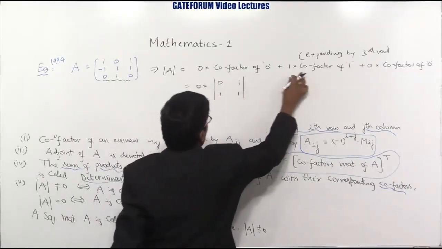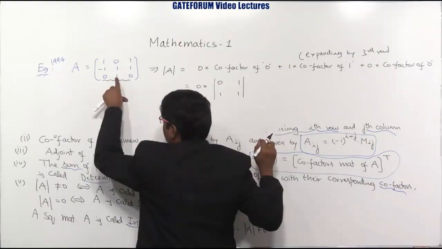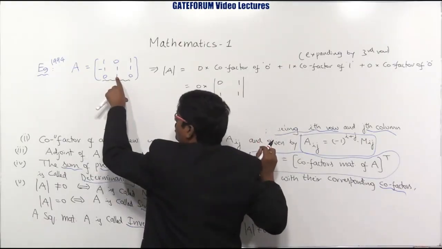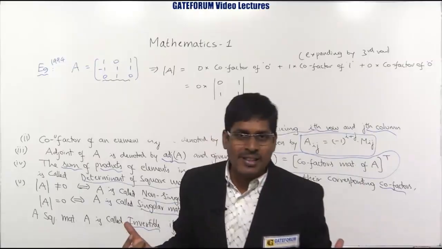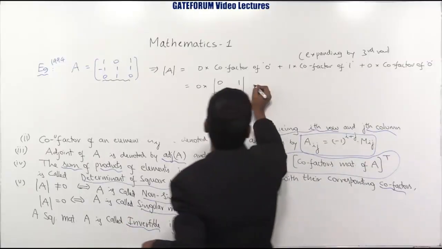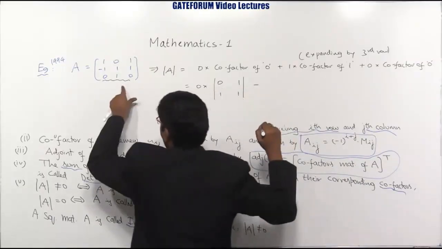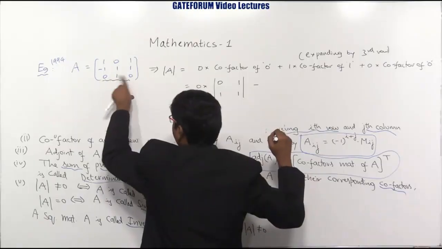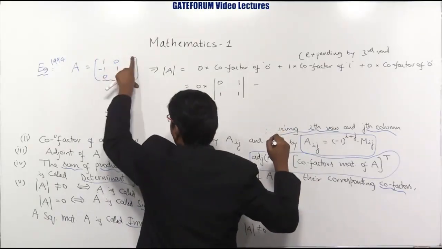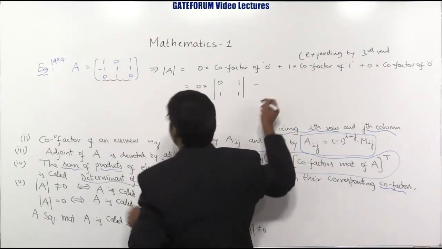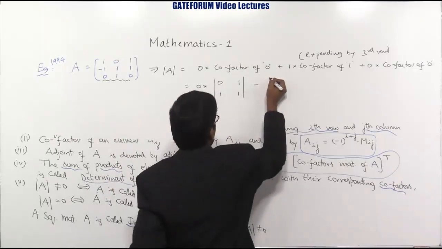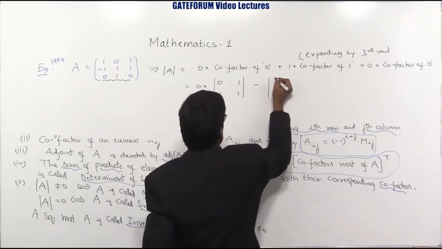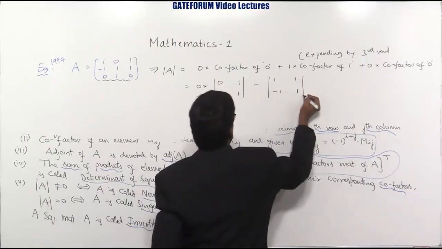Next, cofactor of this element 1. This element's position is A32, I value 3, J value 2. So minus 1 whole power 3 plus 2 is minus. So minus into the minor of this element, delete third row, second column: 1, 1, minus 1, 1. This is the submatrix. Minor means determinant. So determinant of 1, 1, minus 1, 1. Next.